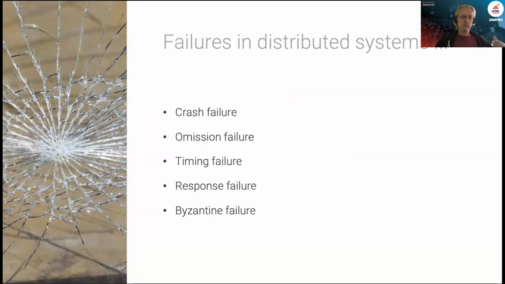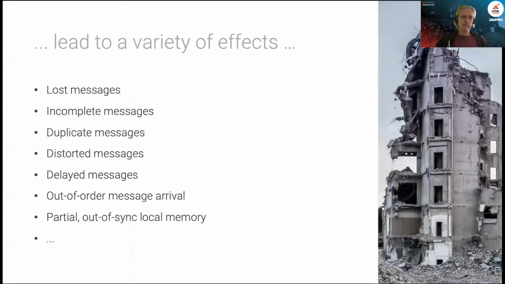And so if you dig one level deeper, these failures lead to some very strange effects. For instance, you just lose the message, either your request or the response, or it's incomplete or distorted, or you get it twice, or it takes too long.